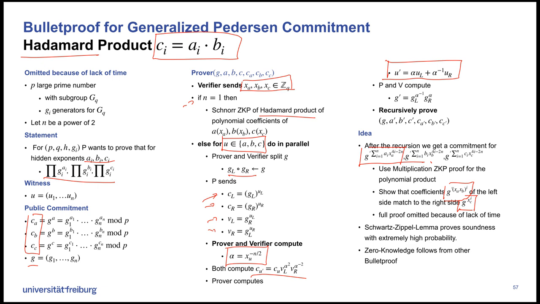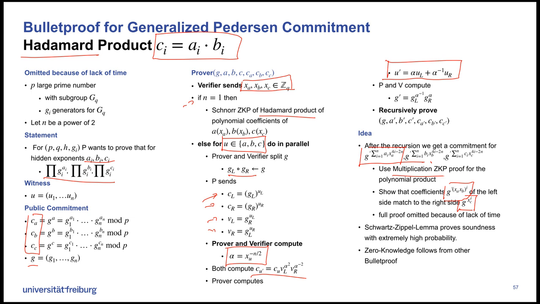And we still need a logarithmic number of messages. The only thing which is a mess is that if you multiply these polynomials, you get quadratically many terms, which we don't have to publish, but we still have to compute. And that's how you could make a generalized Hadamard product.